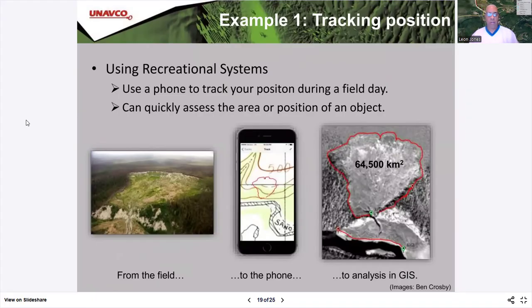From the field to the phone to analysis in GIS, not GPS, in GIS. So again, with these recreational systems, you can quickly assess the area or position of an object.